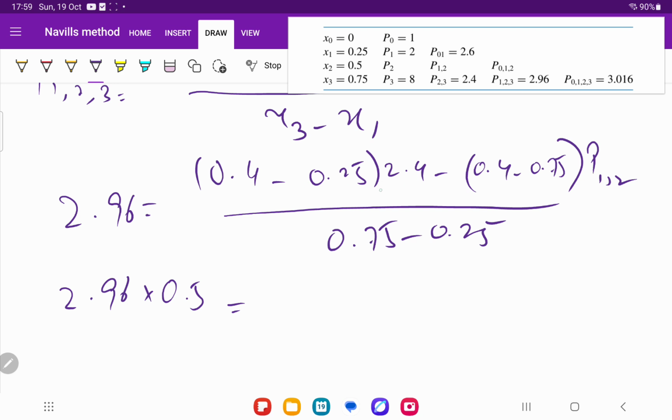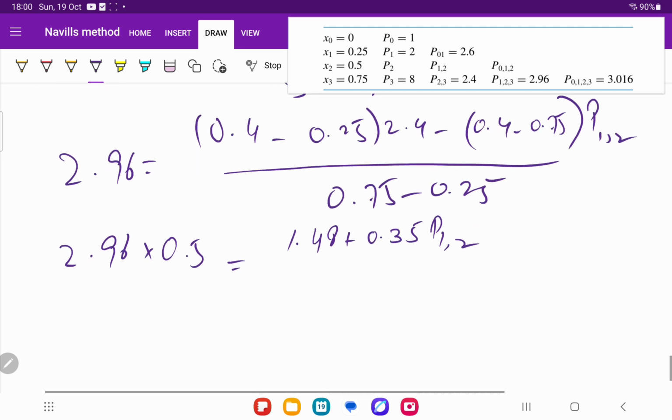What is the answer of this? 0.4 minus 0.25 multiplied by 2.4, 1.48 minus 0.4 minus 0.75. It's a plus 0.35 P12.